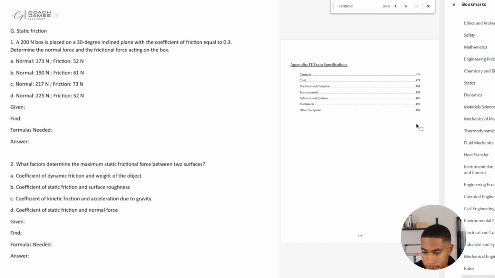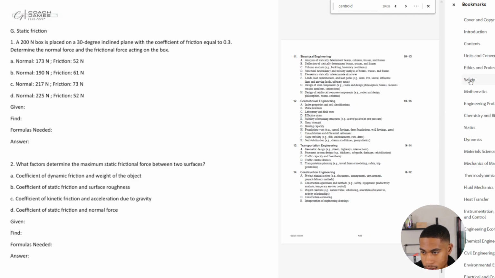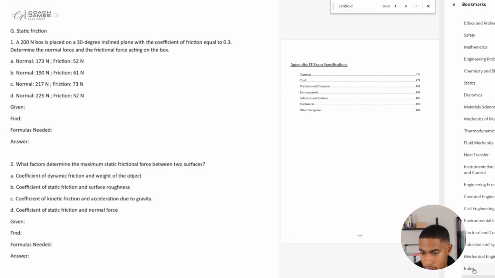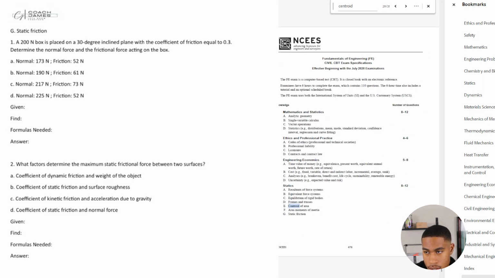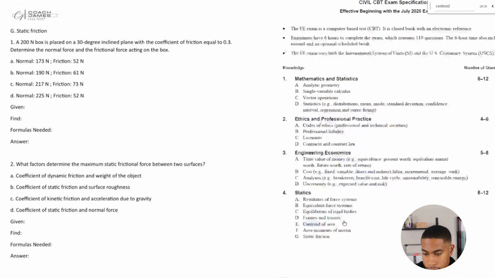And as always, if any of this did not make sense, please don't hesitate to reach out. Yeah, so we did. We've gone through centroids of area. We've also gone through area moments of inertia on this one. So we'll look at static friction as the last topic for statics.